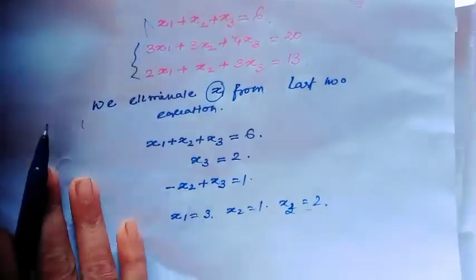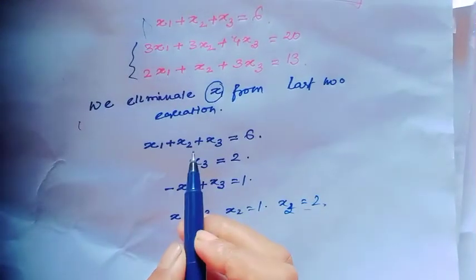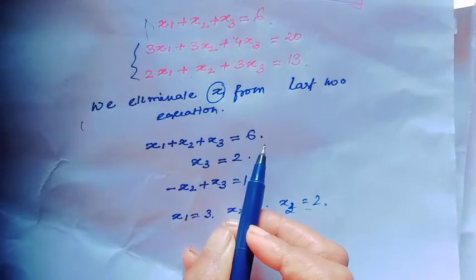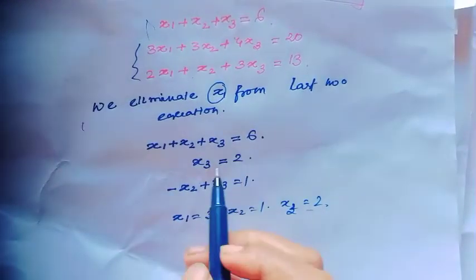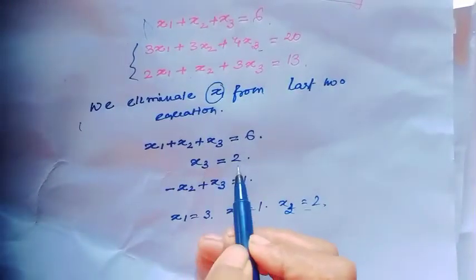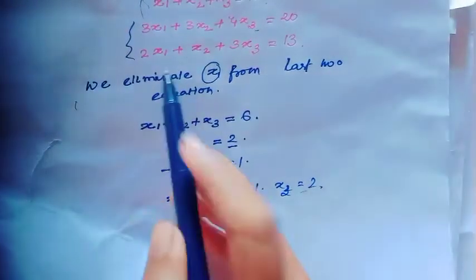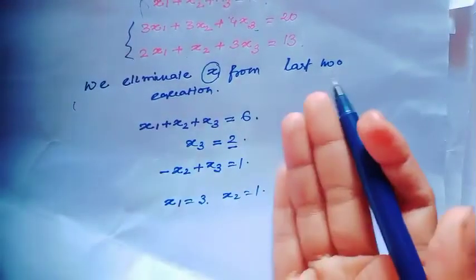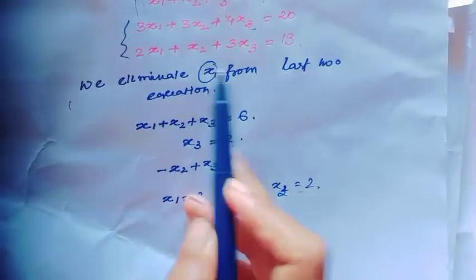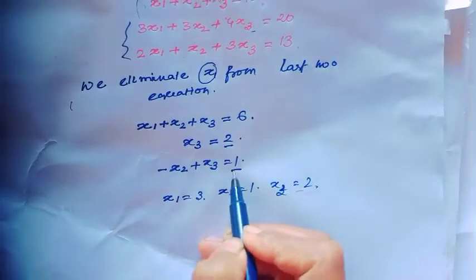Then I will get x1 plus x2 plus x3 equal to 6, and from this I will get x3 equal to 2, and from this line, after multiplying and subtracting, I will get minus x2 plus x3 equal to 1.